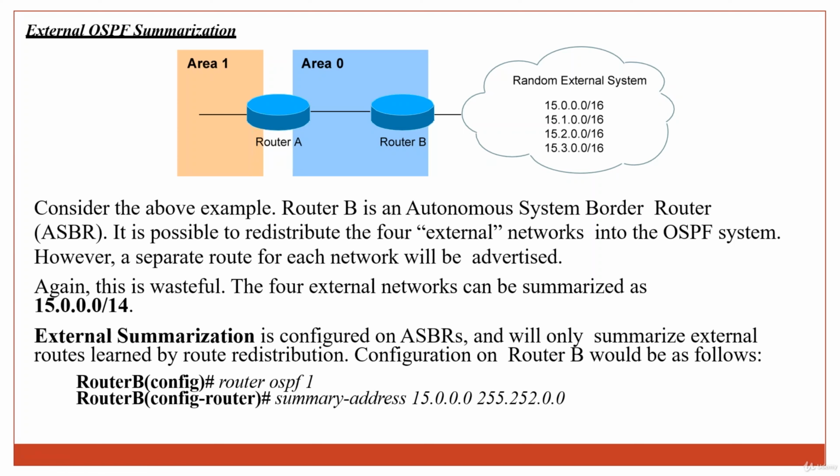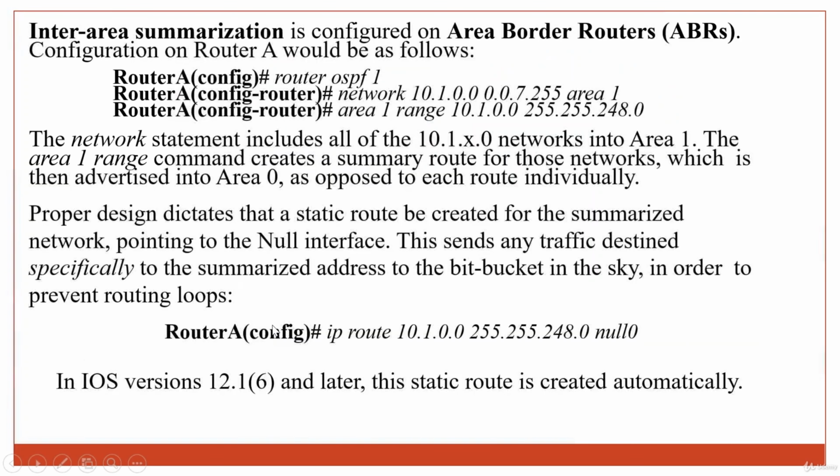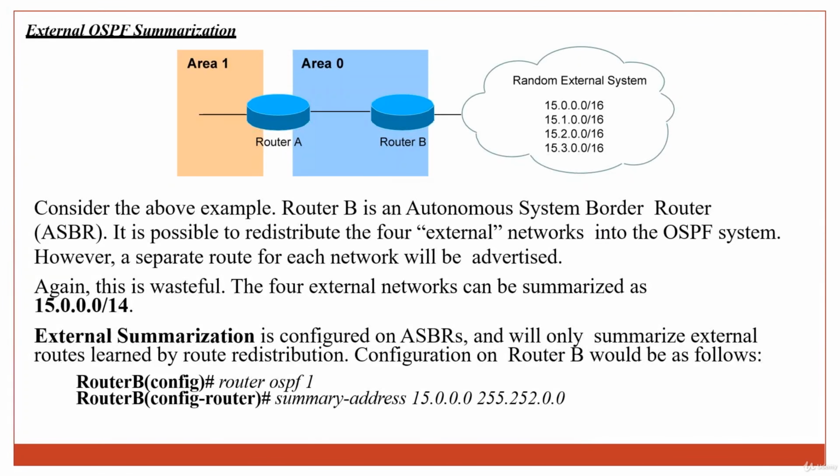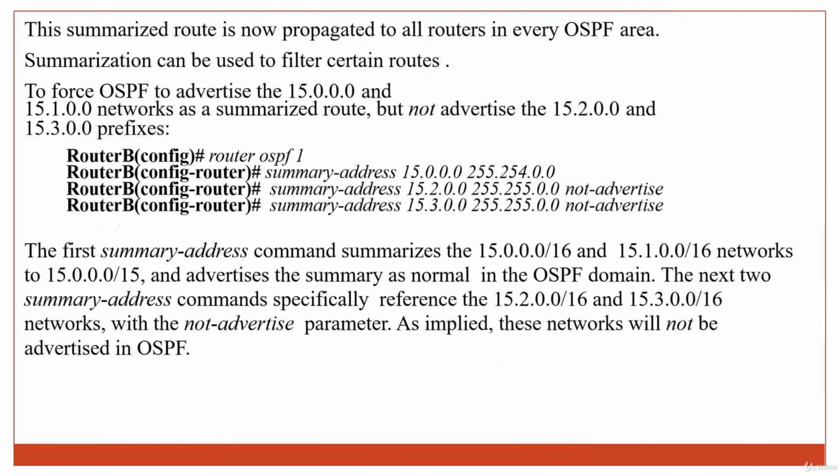Correct. So this concept is very much like aggregation, and we have two types of border routers: we have the ABR and we have the ASBR, and like that we can easily do the summarization.